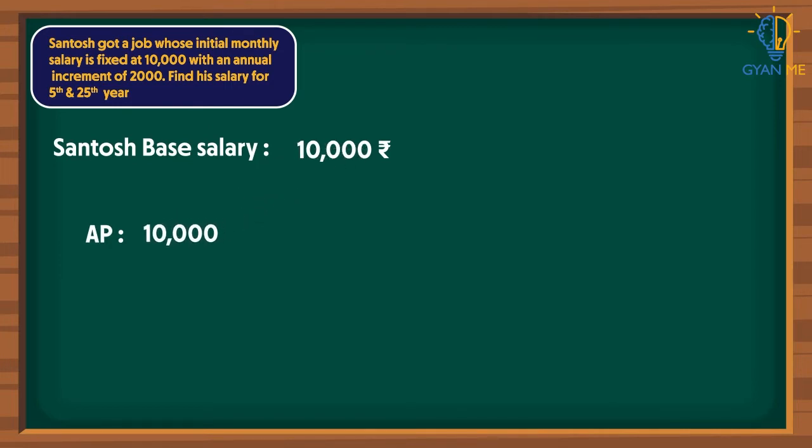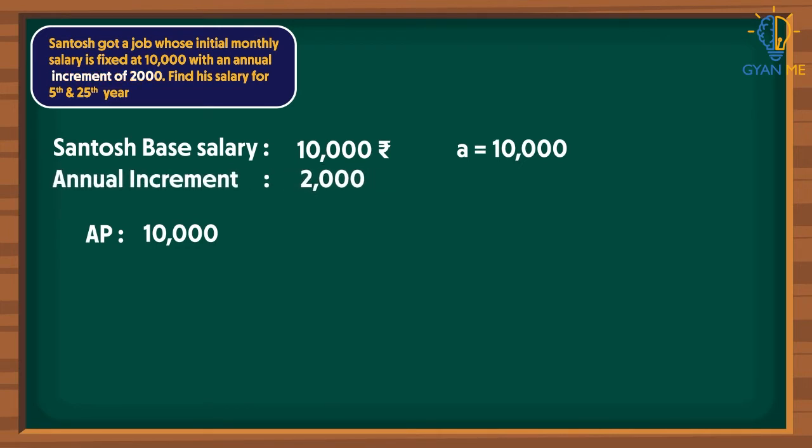Therefore, A is equal to 10,000. We also said that annual increment is 2,000. So every year salary will increase by 2,000. So we can take this 2,000 as our common difference. Thus D is equal to 2,000.